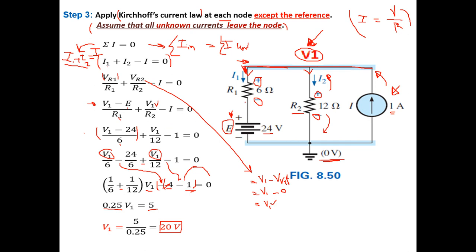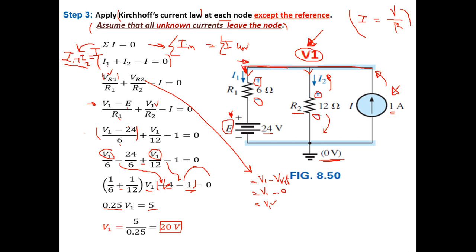In case we need to find the voltage across R1, which is VR1 here, I mean this voltage, it will be the voltage drop between its terminals, the potential difference between positive and negative here. So it will be V1 minus the source voltage, which is 24. So V1 minus 24, which is 20 minus 24. Okay, guys?